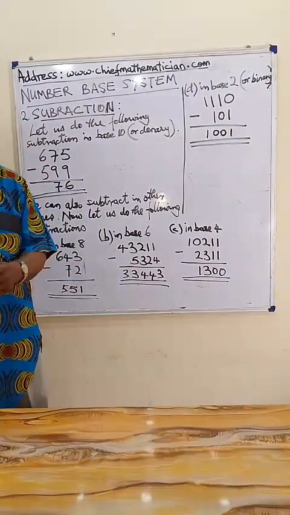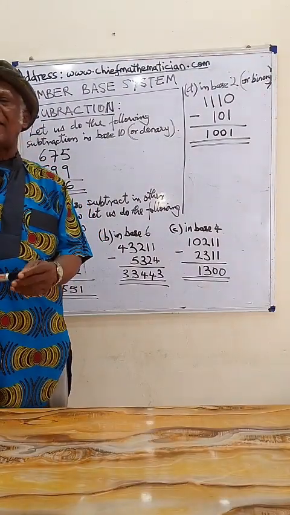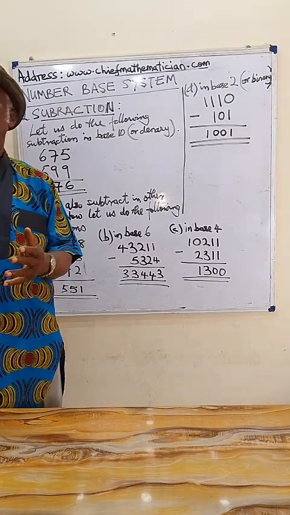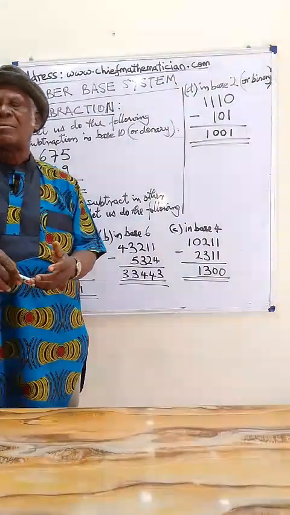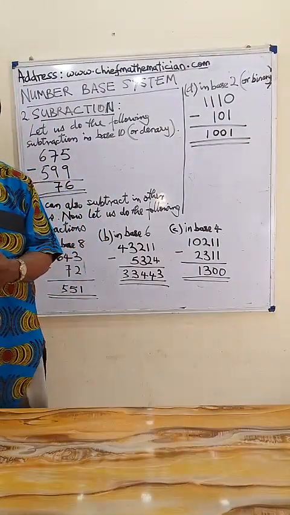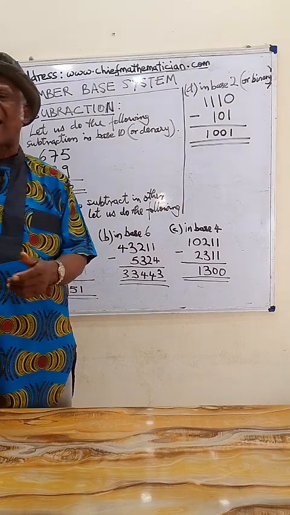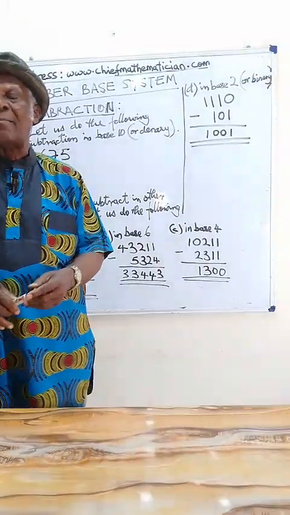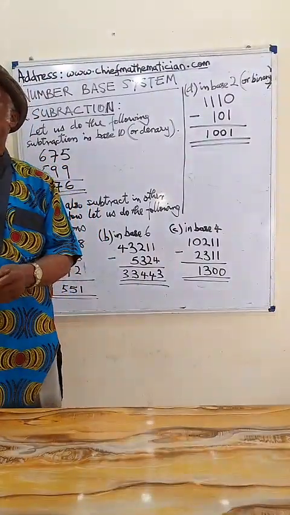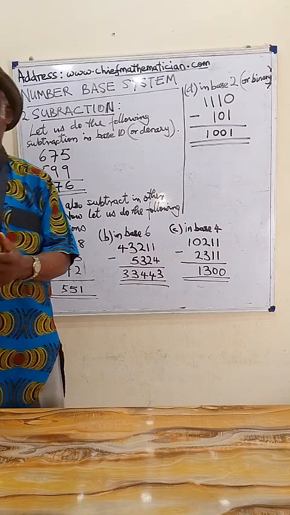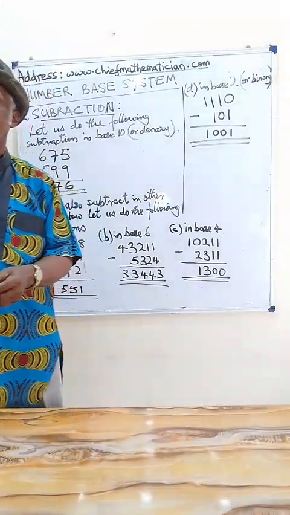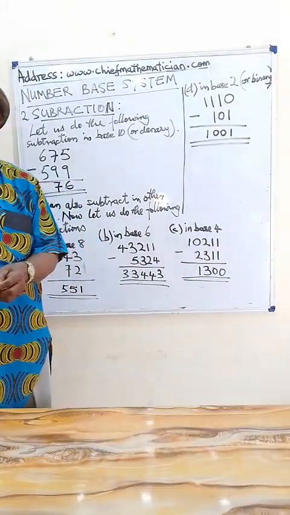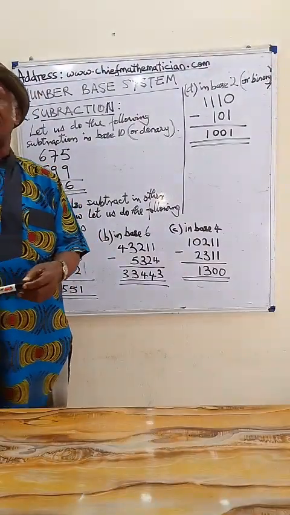In base 2, any number in base 2 can carry 0 and 1. No number in base 2 can carry 2, 3, 4, and so on and so forth. 0 and 1 are the digits that can be carried or contained in any number in base 2.